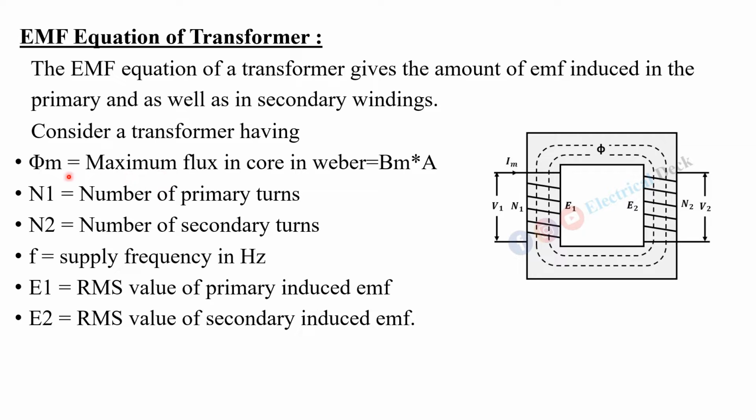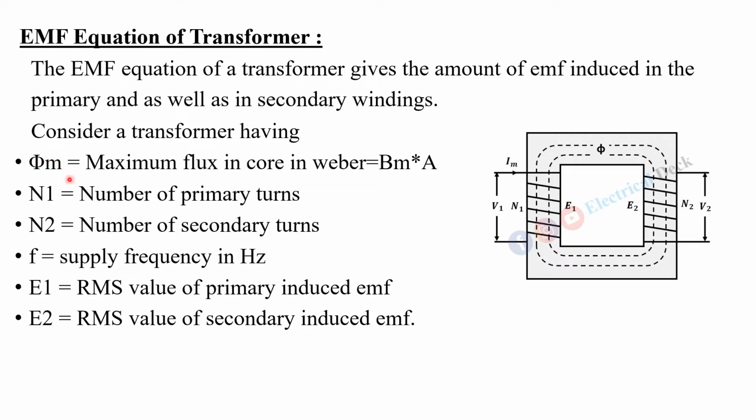Phi m is the maximum flux, which is equal to Bm into A. Bm is the magnetic flux density. So the product of magnetic flux density and the area of cross section of the core will give you the maximum flux phi m.